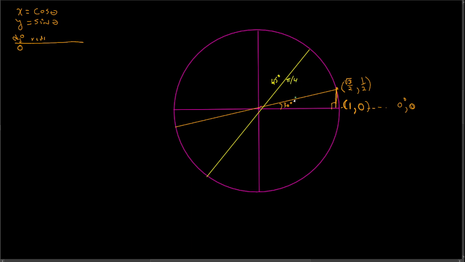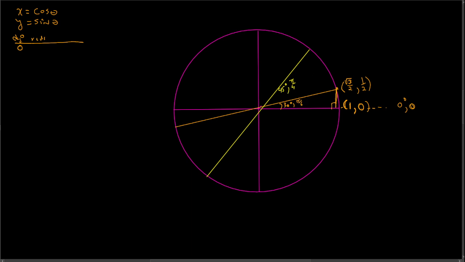I should put the radians for 30 degrees here. Let me just put them right on the underside of each angle for the first quadrant. So 45 degrees, or pi over 4, and 30 degrees, or pi over 6.